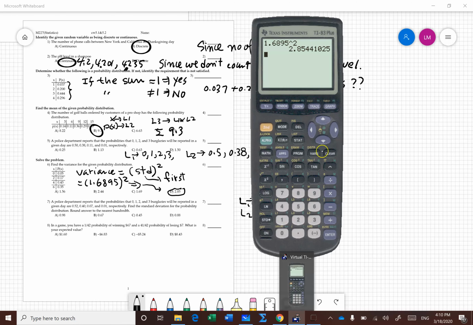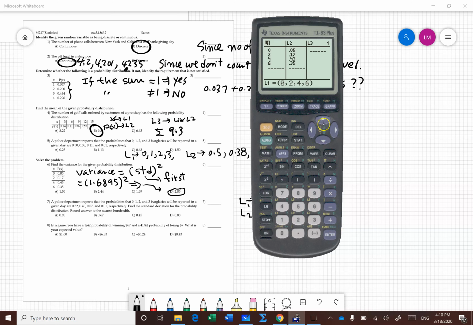Stats, edit, clear L3. In L1 you put 0, 1, 2, 3, and then the probabilities 0.52, 0.4, 0.07, and 0.01.